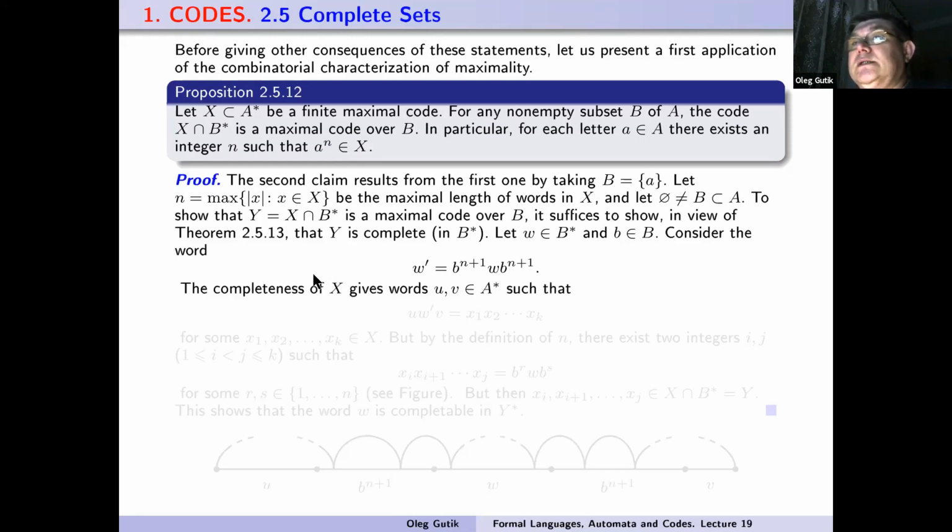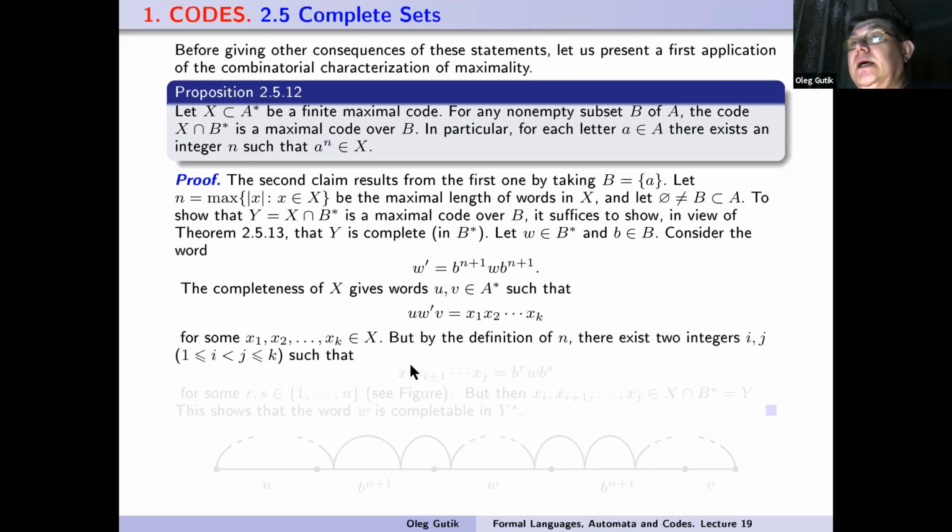The completeness of the code X gives words u and v from the free monoid A star such that u w prime v is equal to x1, x2, and so on, xk for some x1, x2, and so on, xk from the set X. But by the definition of the integer n, we get that there exist two integers i and j so that n is less than or equal to i, less than j, less than or equal to k, so that x_i, x_i plus 1, and so on to x_j is equal to b to the power r, w, b to the power s for some integers r and s from 1 to n.